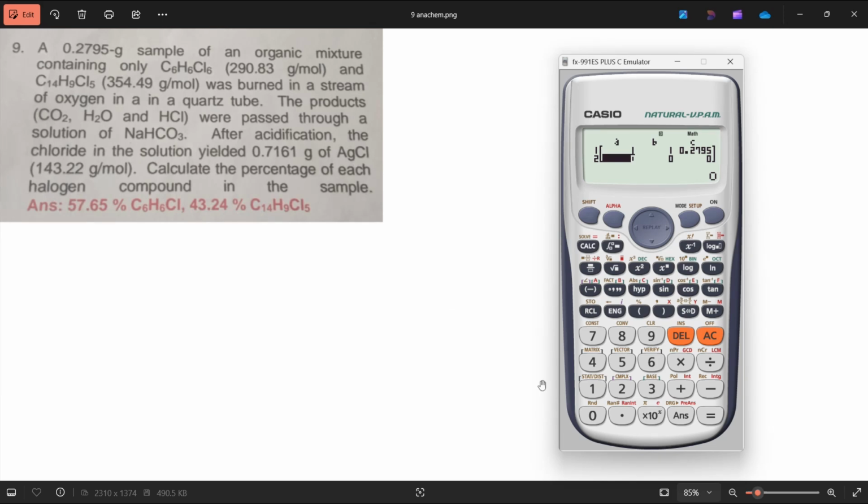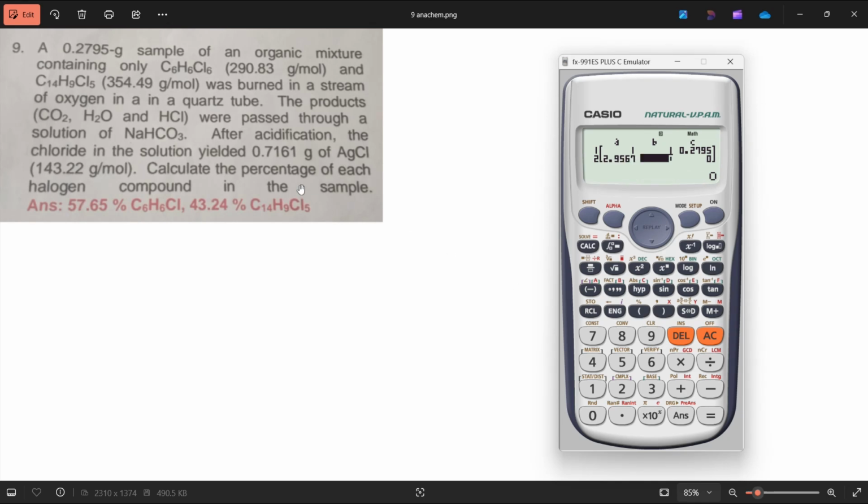So AgCl comes first, 143.32. But we need to balance this one because our AgCl only has one chloride ion, whereas our hexachlorobenzene has 6 chloride ions. So we need to multiply that one by 6, and then we divide it by the molar mass of this one, which is 290.83. And then press the equal sign.